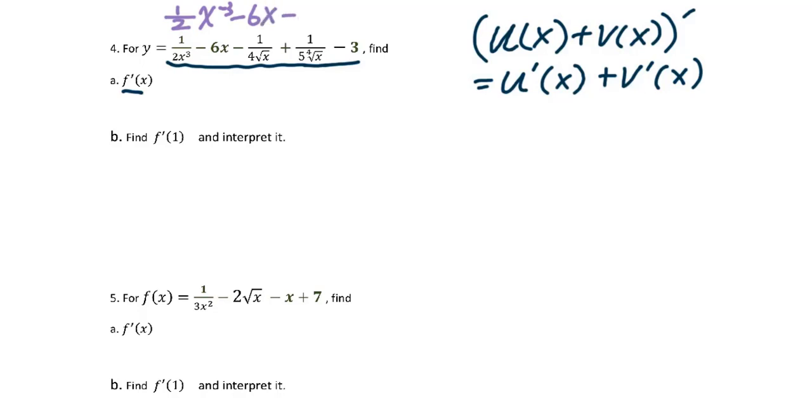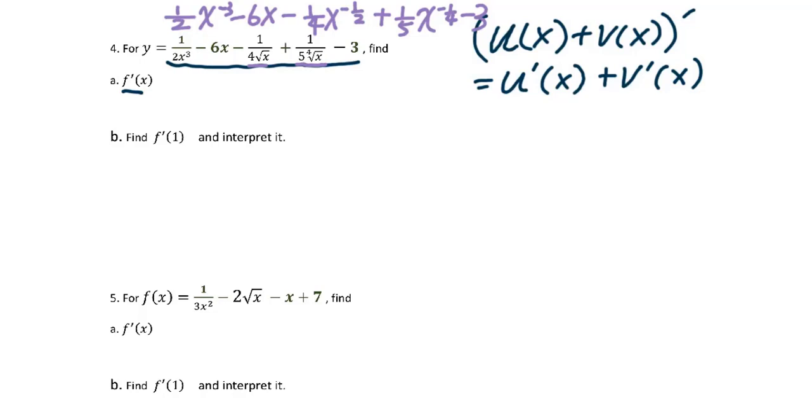Then the coefficient for third term, that is 1 over 4x to the negative 1/2 power. Then plus, for this term, that is 1 over 5x to the negative 1 over 4th power. Then minus 3.